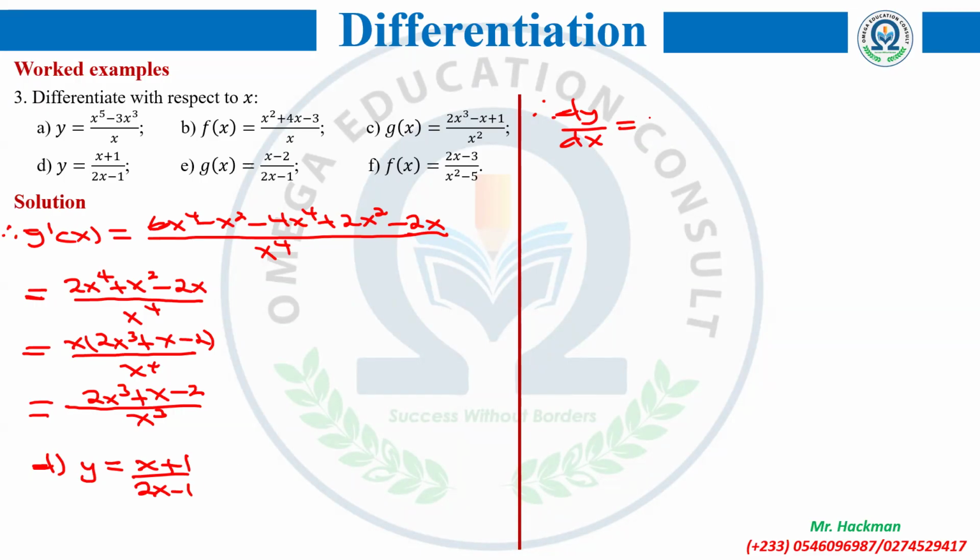I'm writing it out, especially knowing we have new students on board. What you have there is x plus 1 over 2x minus 1. You can choose to put it in brackets or not because it's a single fraction. If it's more than a term, then you are compelled to put it in brackets.